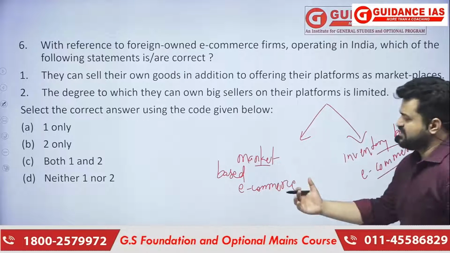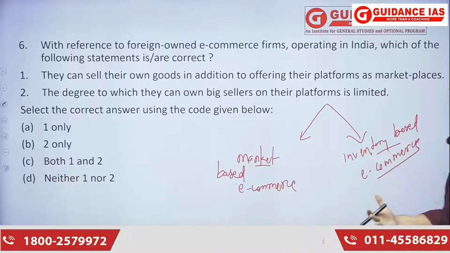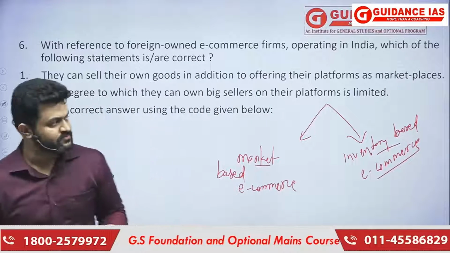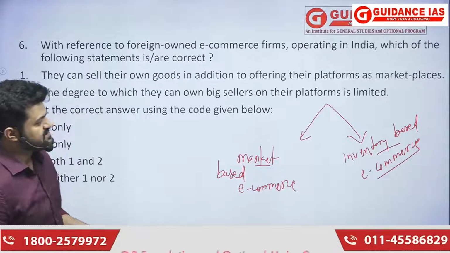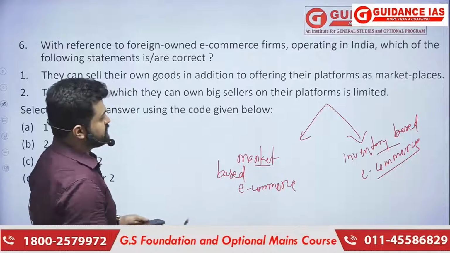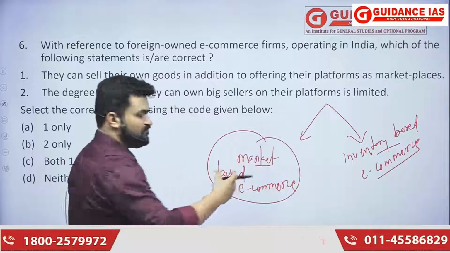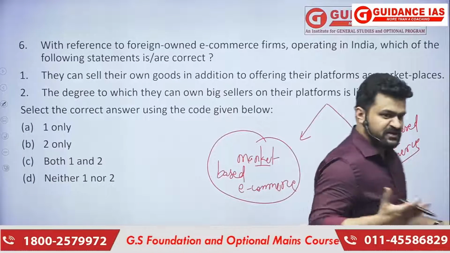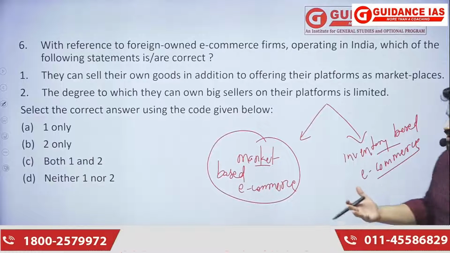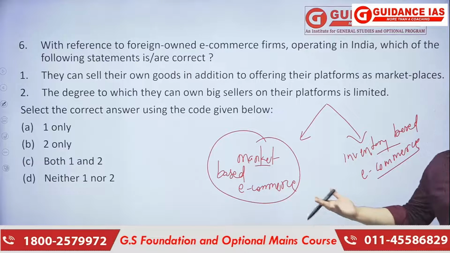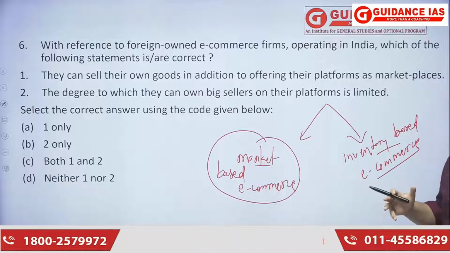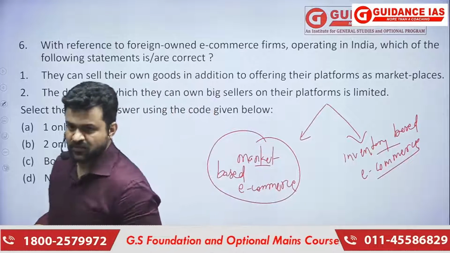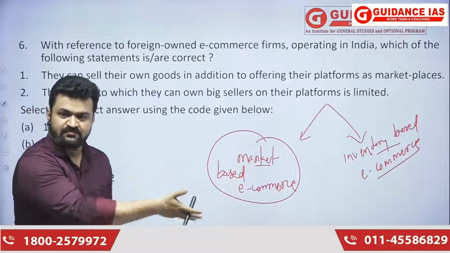Okay, so market-based e-commerce is that a firm is providing a platform, a market platform, where producers, that is sellers, and buyers are interacting. So the company is just providing a market platform. While inventory-based e-commerce means companies having control on the e-market platform, as well as maintaining their own stock of goods which are being sold on the same platform.